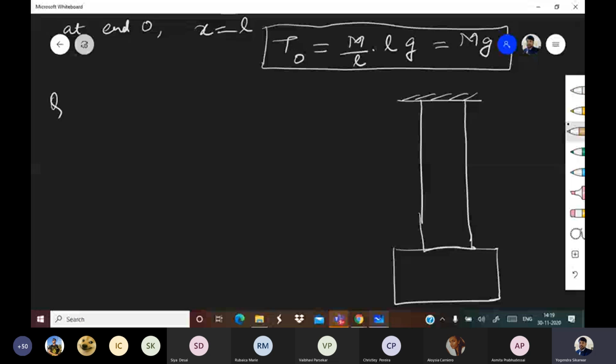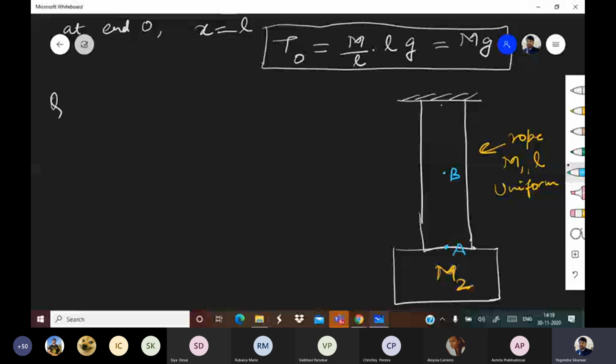This is a block of mass M2. This is a rope of mass M1, length L, and it is uniform. Basically, there are 3 points. This is A, this is B, and this is C, and this is exactly the midpoint.